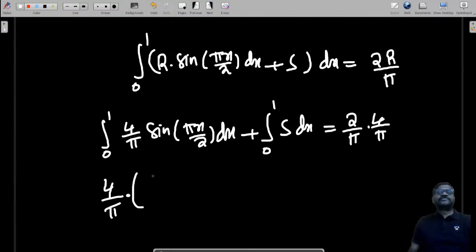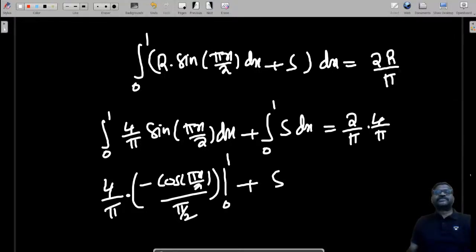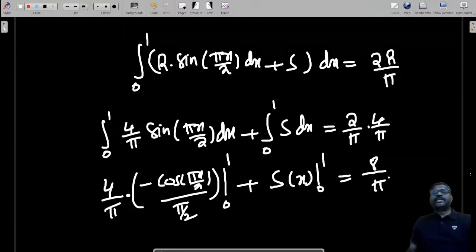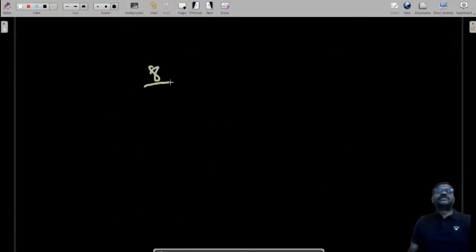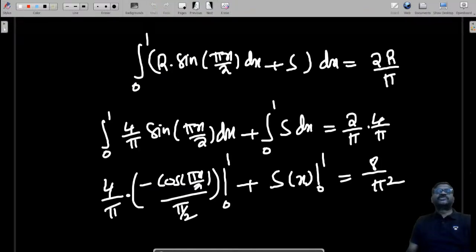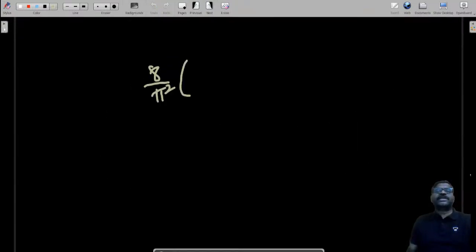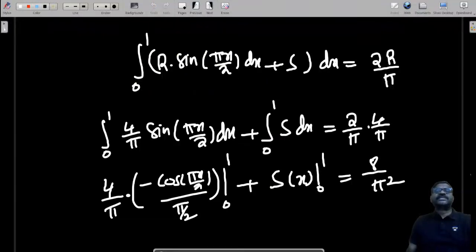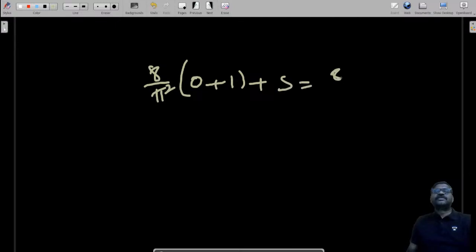After integration, minus cos pi x by 2 by pi by 2 from 0 to 1 plus s into x from 0 to 1 equal to 8 by pi square. By applying upper limit, minus cos pi by 2 is 0 plus cos 0 is 1, plus s equal to 8 by pi square.